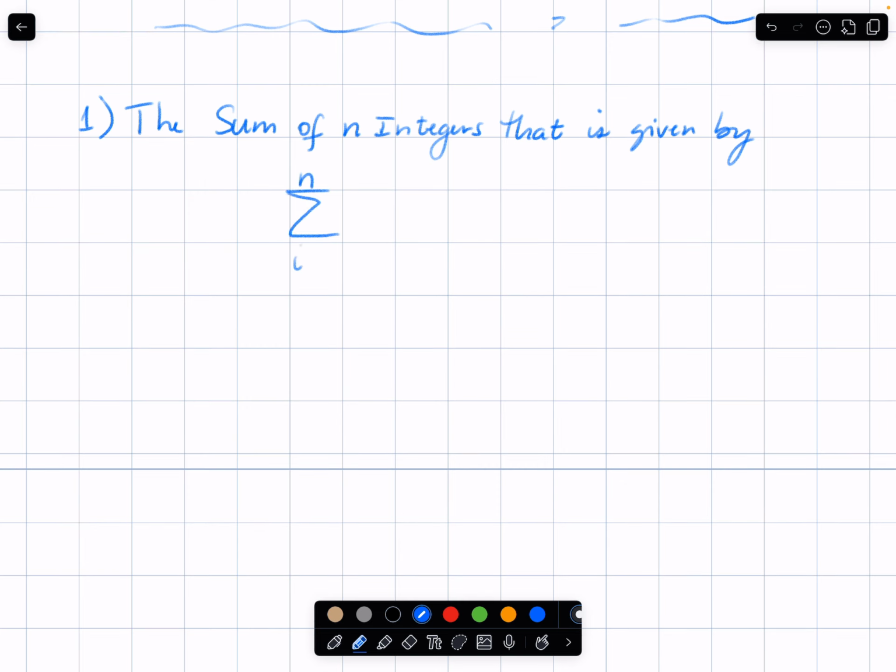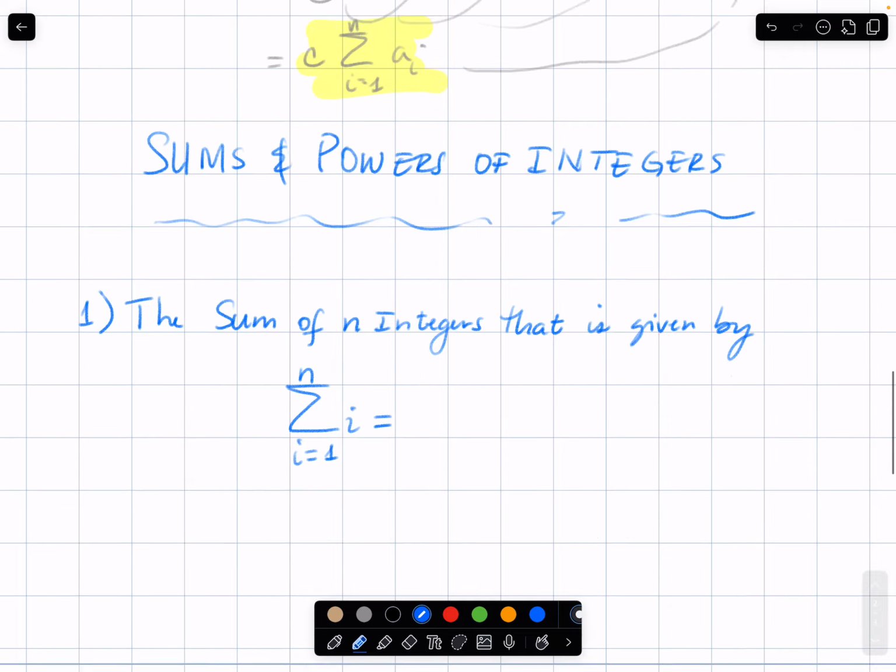Some people don't like memorizing stuff. But if you have a summation of a list of numbers you have to sum up, it's just a sum of a given number of integers, like we did earlier when we started up here.